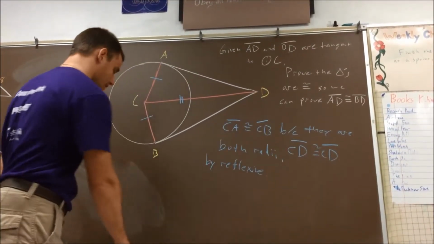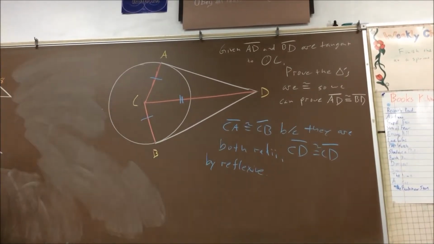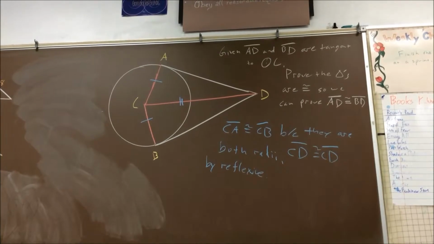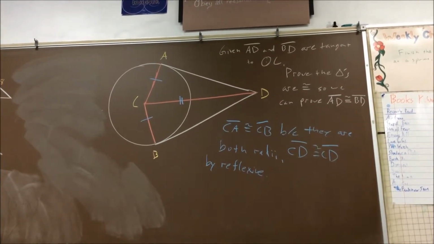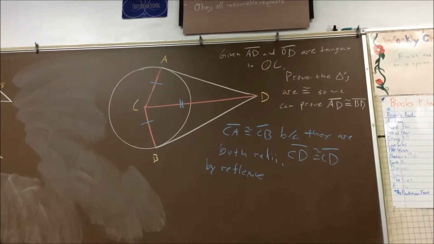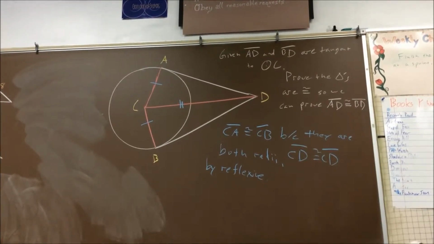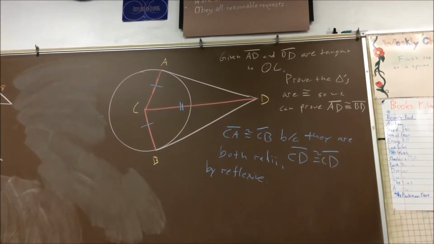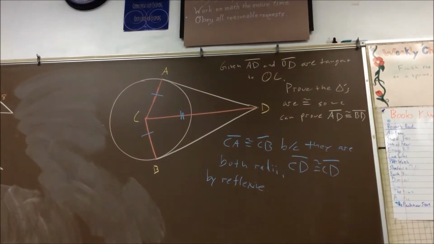All right, so now we've got to get a little sneaky or use something we just learned. What else up there has to be congruent? Well, we can't use AD and BD because that's what we're trying to prove. Can't use circular logic there.